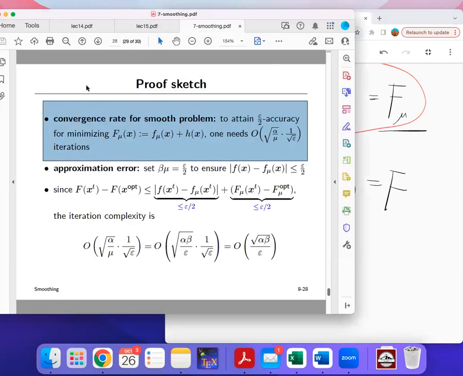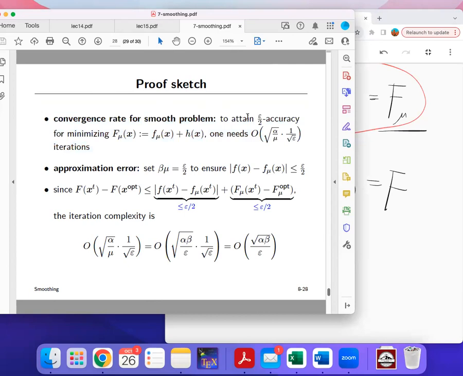Okay. Therefore, to obtain an epsilon over 2 accuracy for this smooth problem, we need this many iterations. These results follow from the previous lectures on accelerated gradient descent, where the complexity is 1 over square root of epsilon.